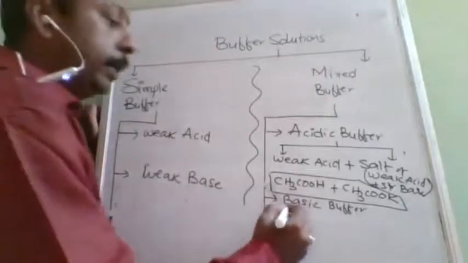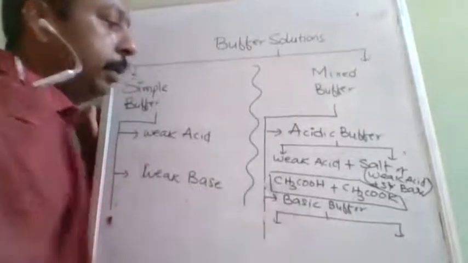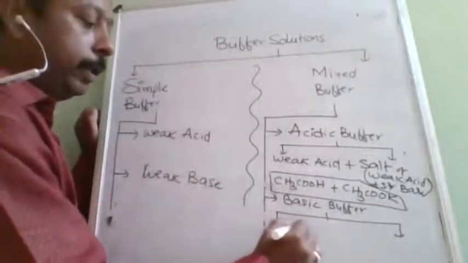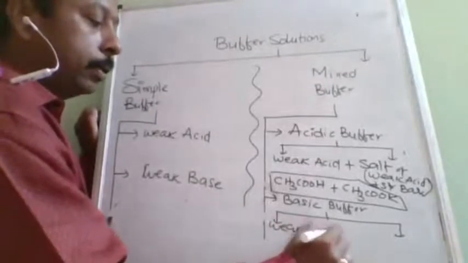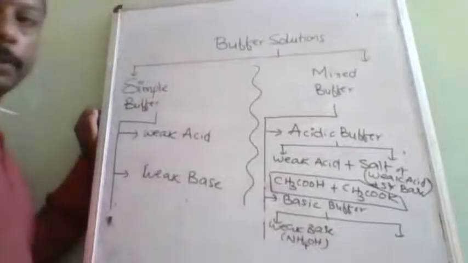Now basic buffer will again be divided into how many parts? Two parts. Like here it was weak acid, it will be weak base. Weak base example is NH4OH.